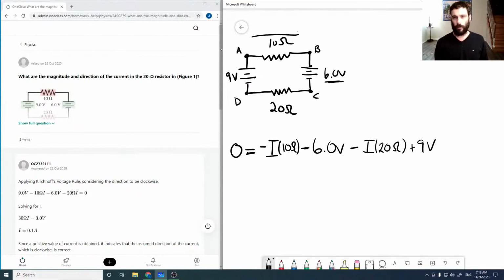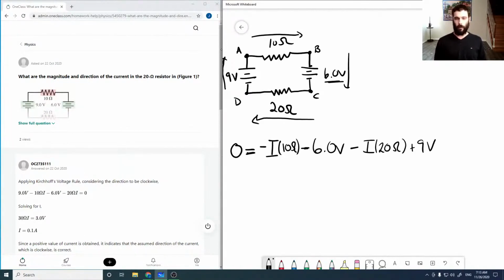So in this case, we're going this way, this way, this way, so we're assuming the current's going clockwise. And so each of these resistances get negatives. If the current comes out to be negative, that means we assumed wrong and the current's actually in the other direction.